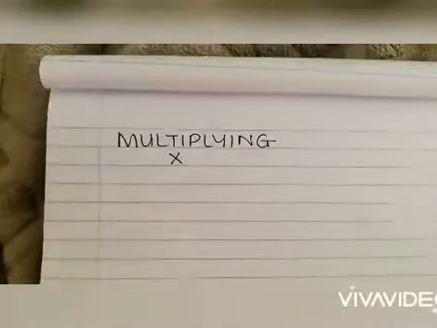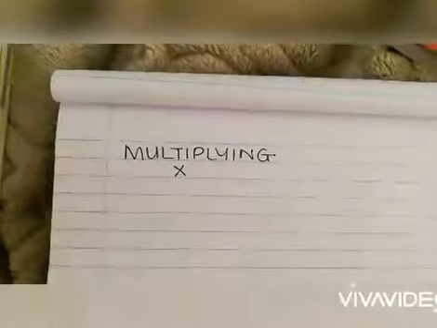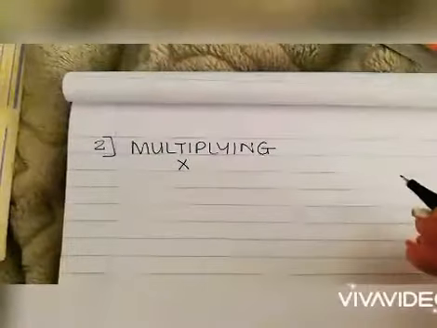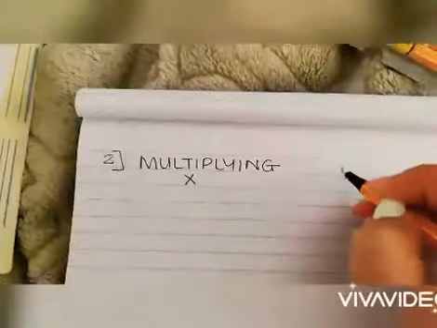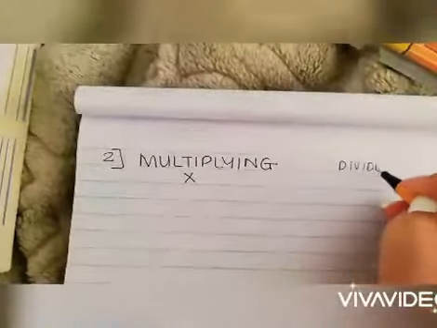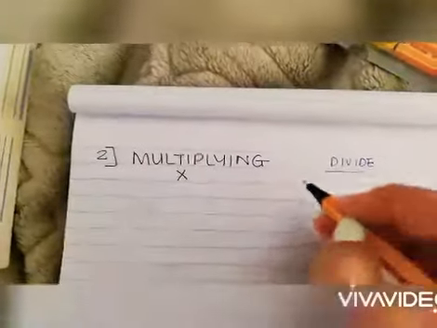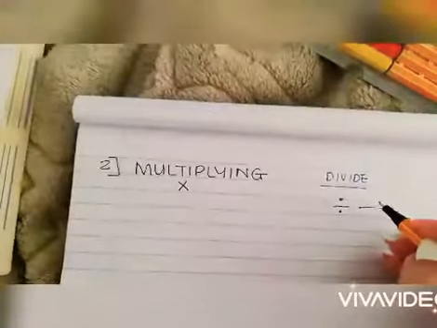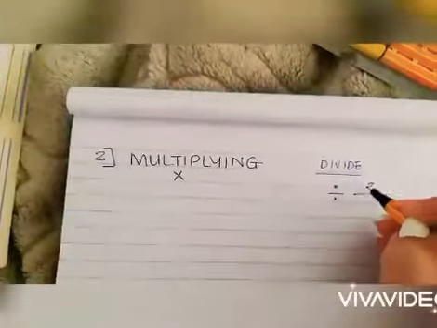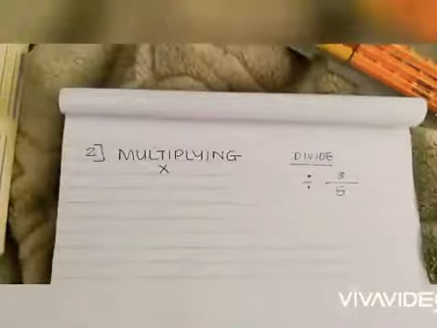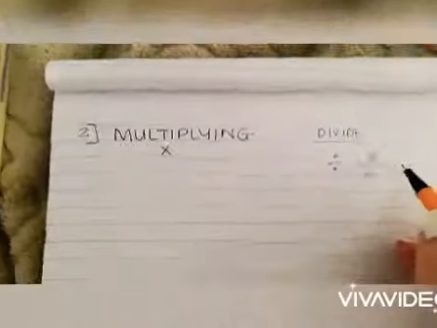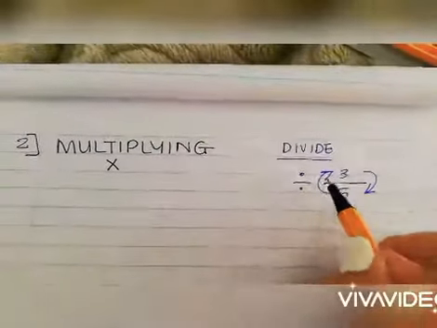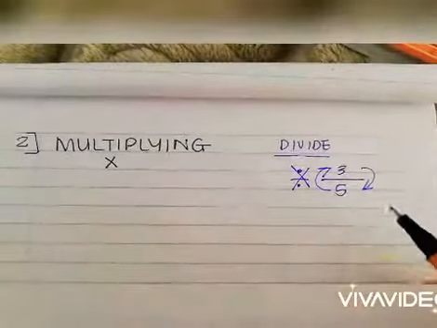Okay, and then the second section that we're going to do is multiplying. Multiplying and dividing are pretty much the same thing, because remember, if you divide, all it does is turn whatever this is, say for instance this is 3/5, it's going to change it so that this 3 goes to the bottom and this 5 goes to the top, and you change the divide into a times.